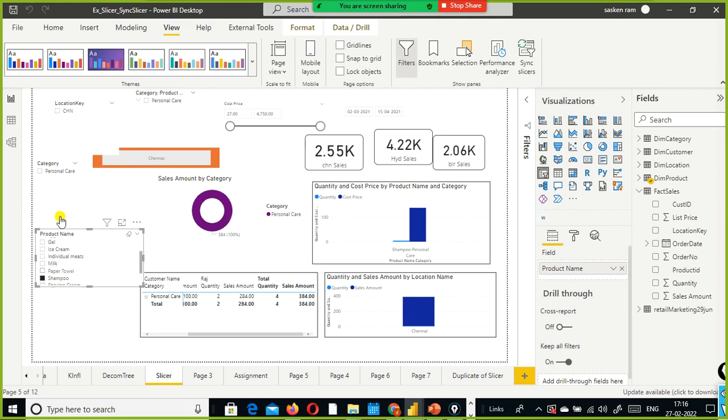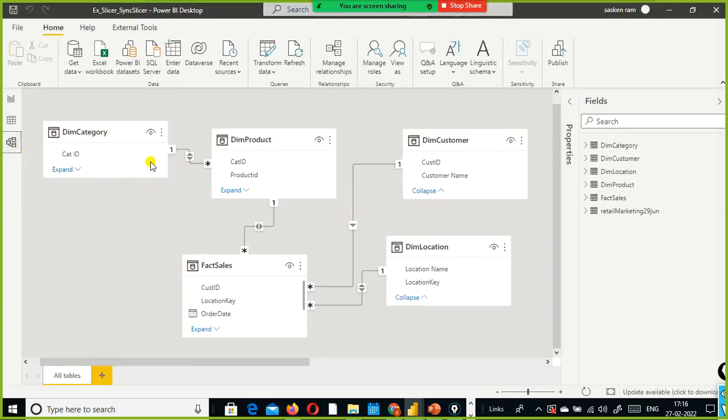Look here, shampoo belongs to the personal care category. Only when you enable the bidirectional relationship, which is nothing but the cross filter direction both setting, are we able to filter the category slicer with the product slicer. So is there any way to do that without enabling both? The one solution is denormalization.